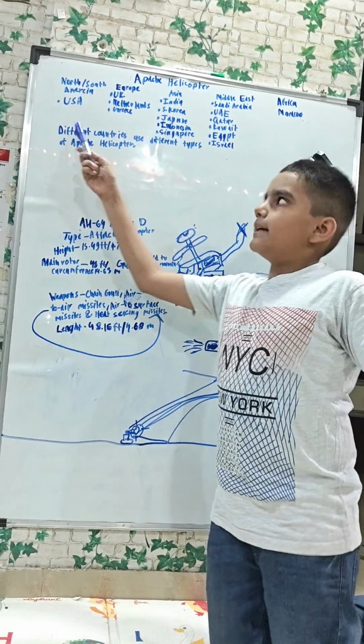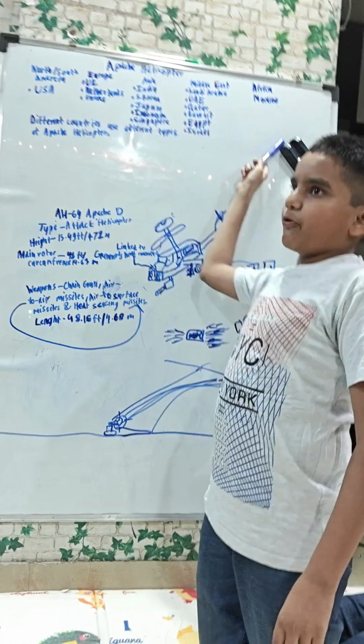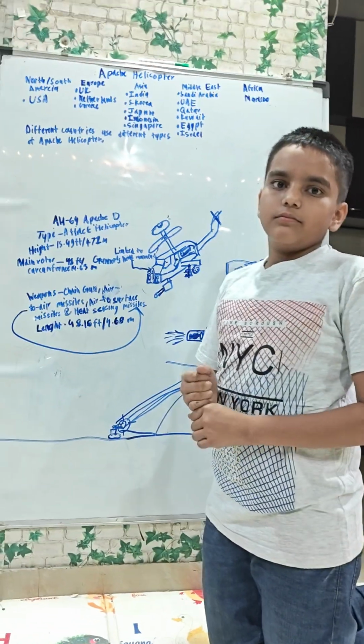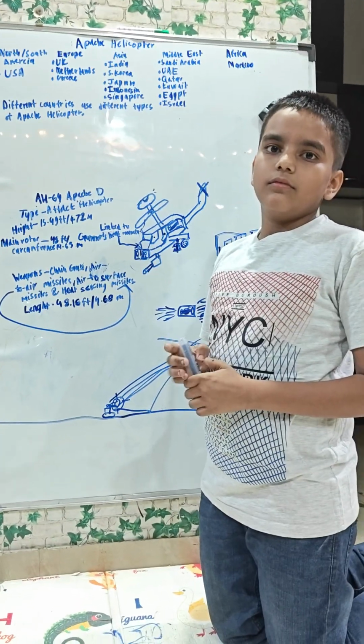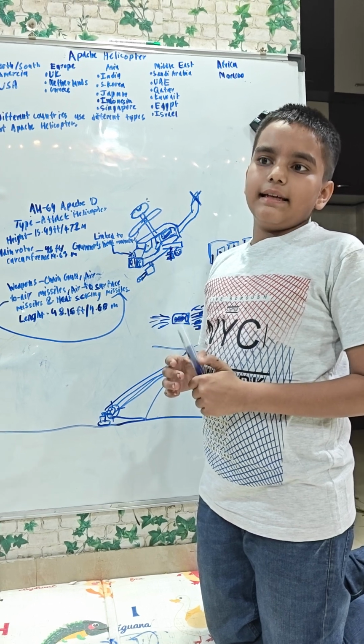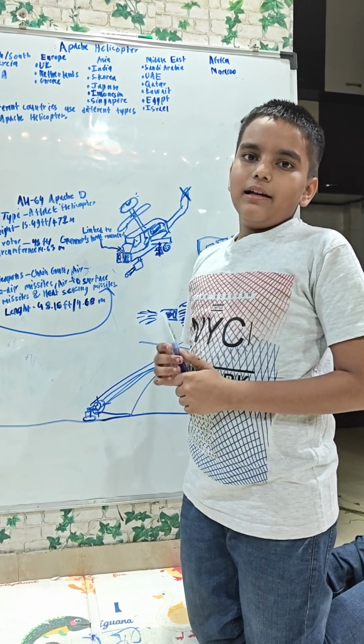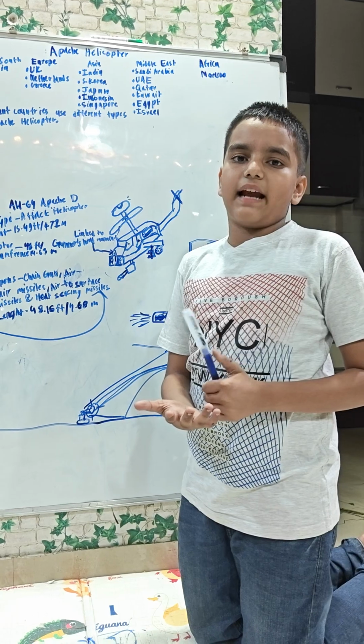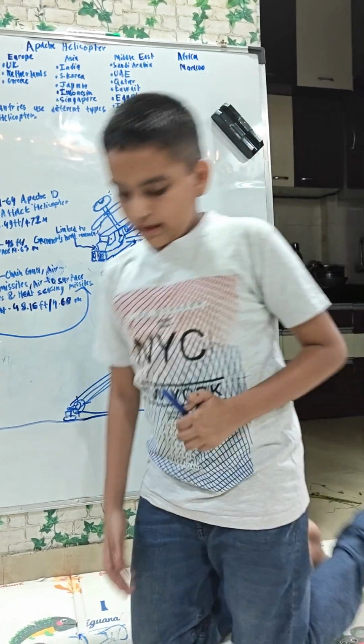So here are the results of the AH-64 Apache helicopter. Does India have the technology to create this Apache helicopter? Yeah, it has, but there is copyright which prevents it from creating it.